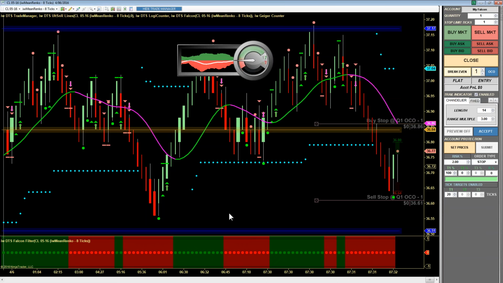This isn't a quality trade anymore, folks. I would still let it get outside of this range that we highlighted earlier, but I just want to show you how the OCO function works. That one actually does cancel the other.